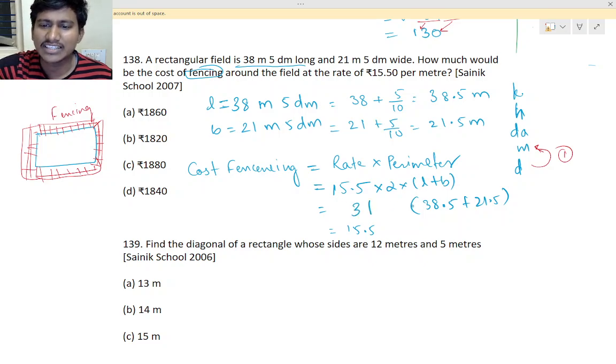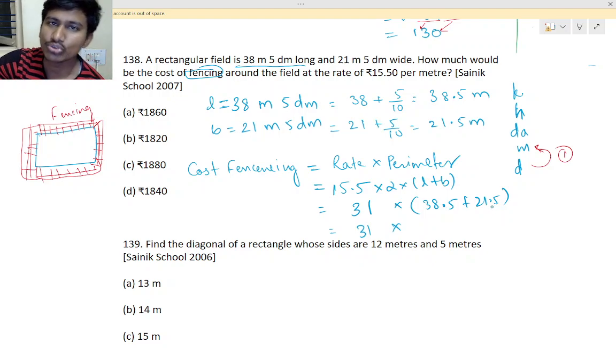So 31 into this length and breadth, if you add all these, the sum will be 60.